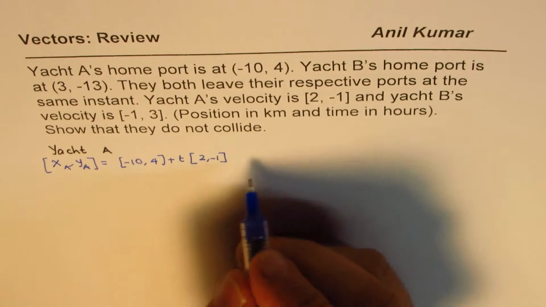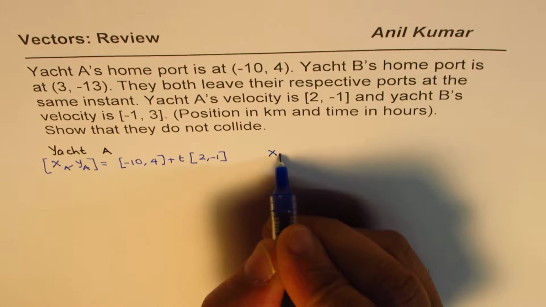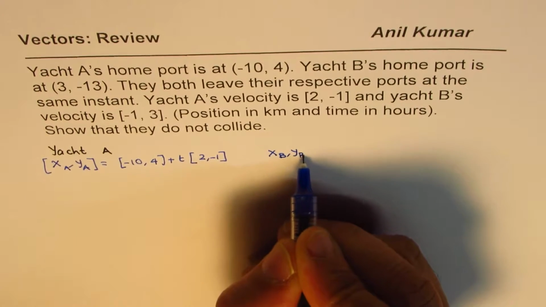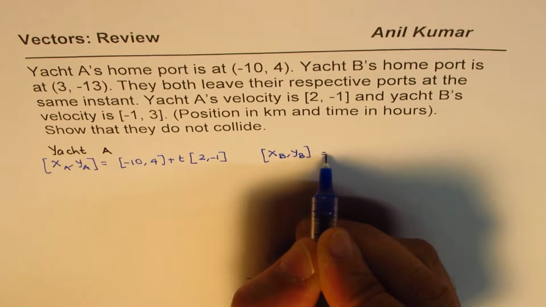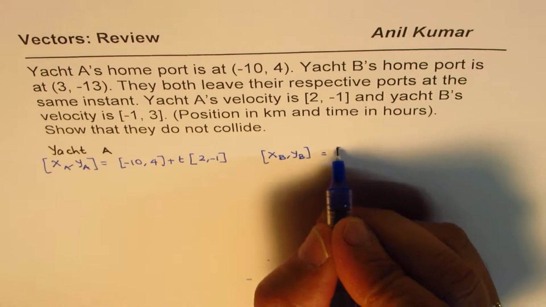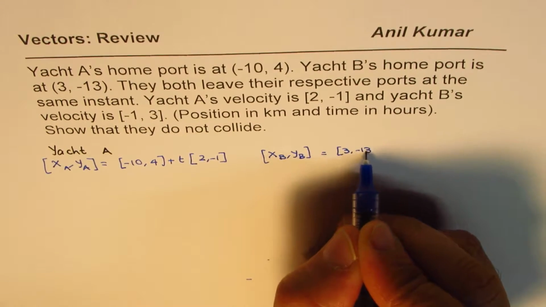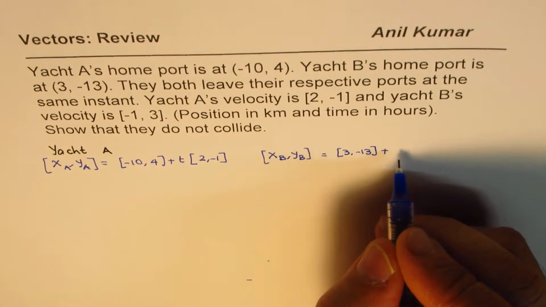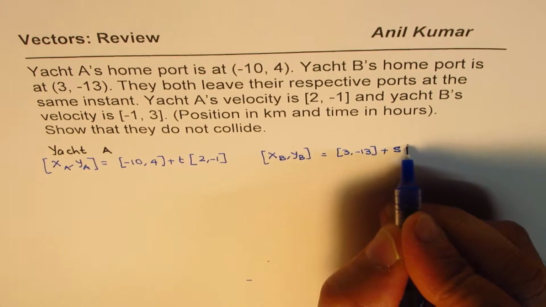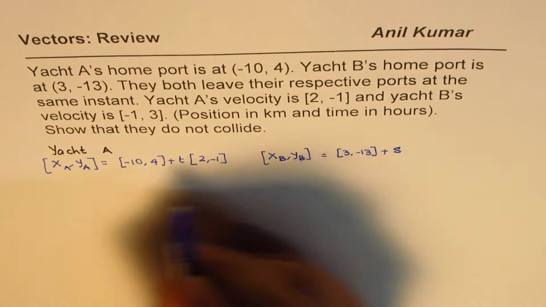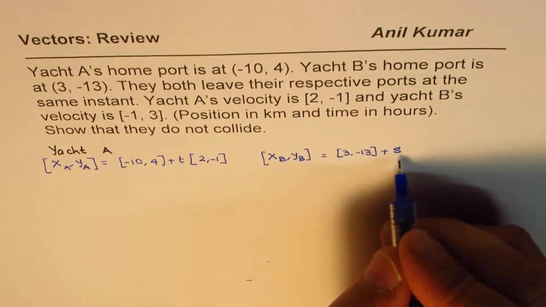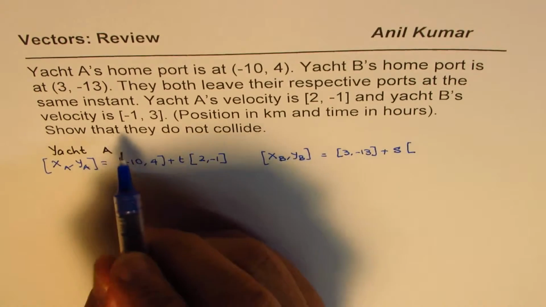As far as yacht B is concerned, it will be (xb, yb). Initial position is (3, -13) plus some other parameter. Let's take s, which is also the time parameter t, but we're just taking it separate for the time being.